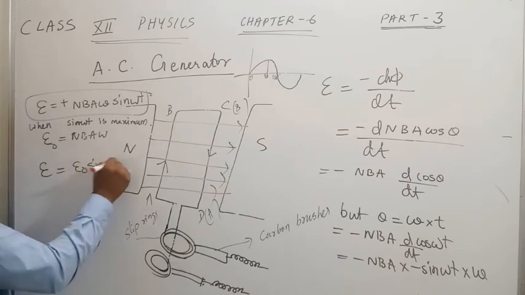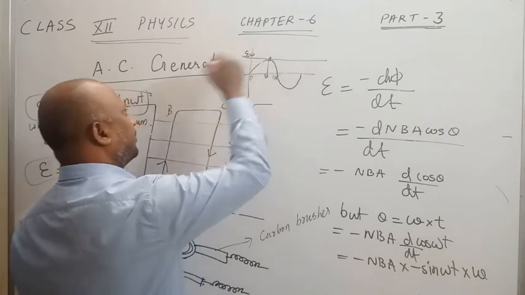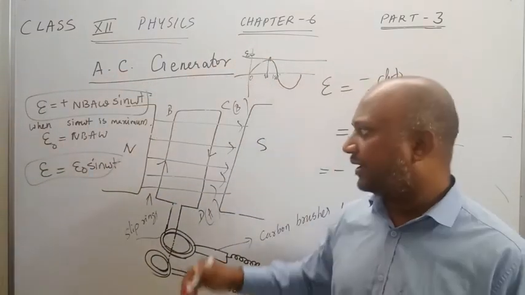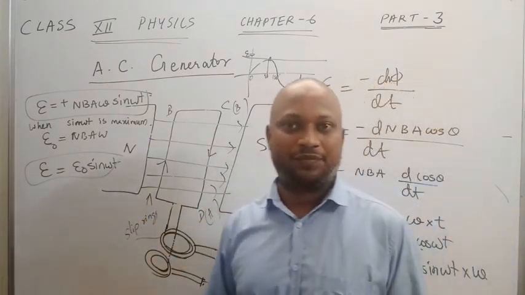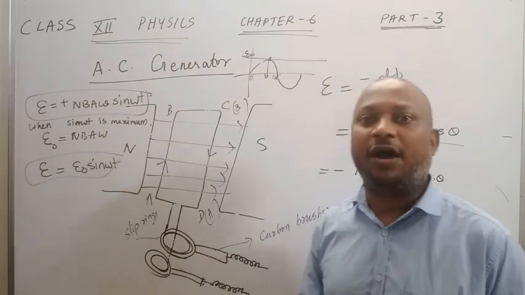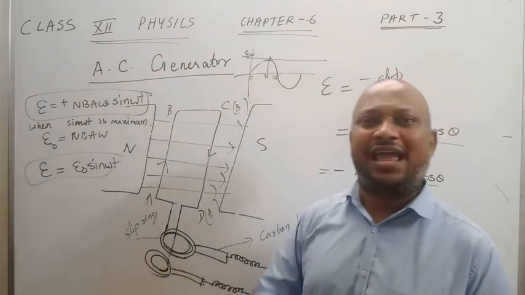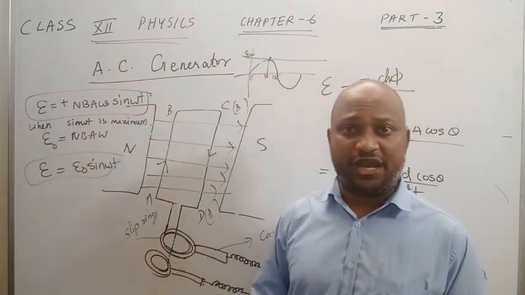So there is a maximum value in the graph for the EMF, and that is called E naught. So E is equal to E naught sine omega t. Maximum value multiplied by sine omega t, where omega is the angular frequency. There is a particular frequency with which we can rotate.